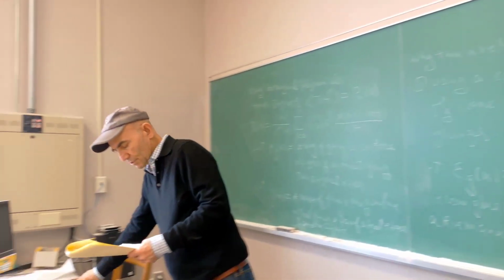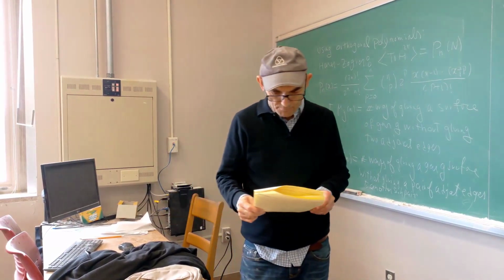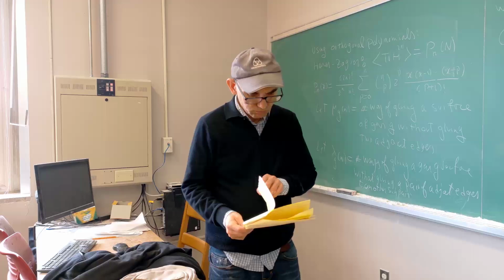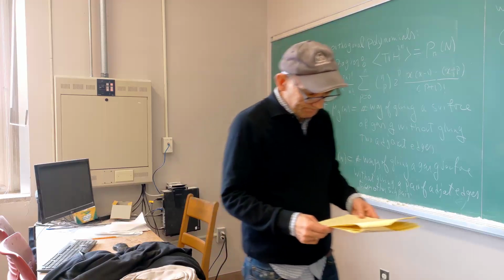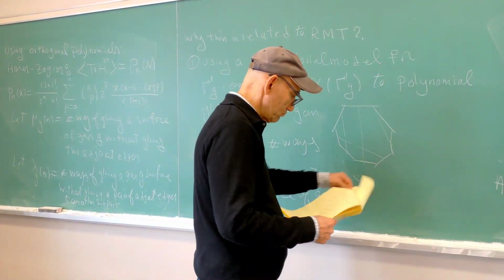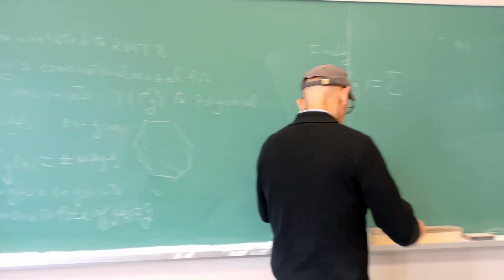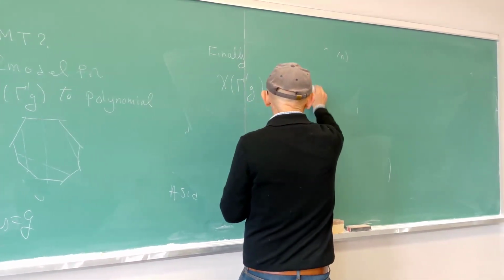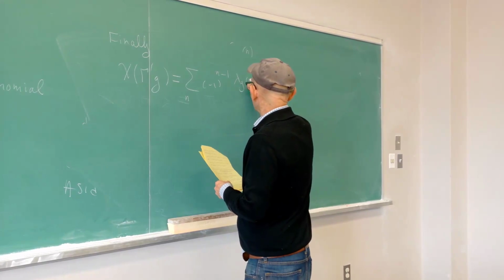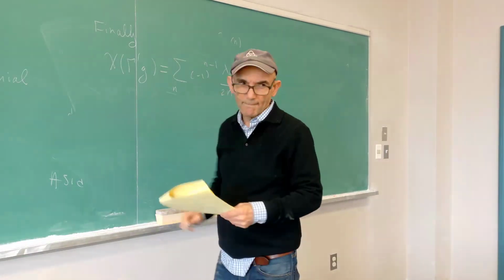There is a formula for lambda_{g,n} in terms of lambda_{g,n}'s, a sum over n minus 1 to n minus 1 of lambda_{g,n}, divided by 2.